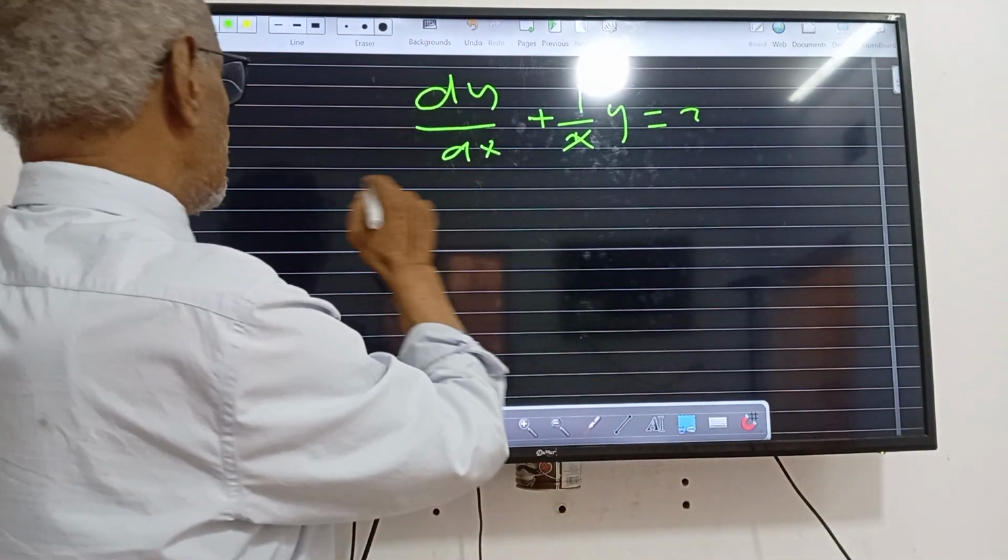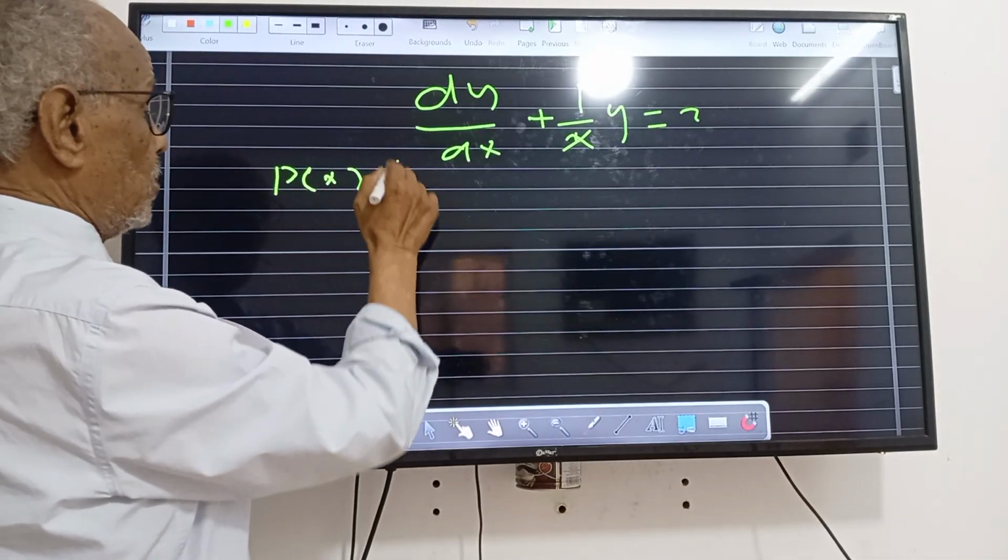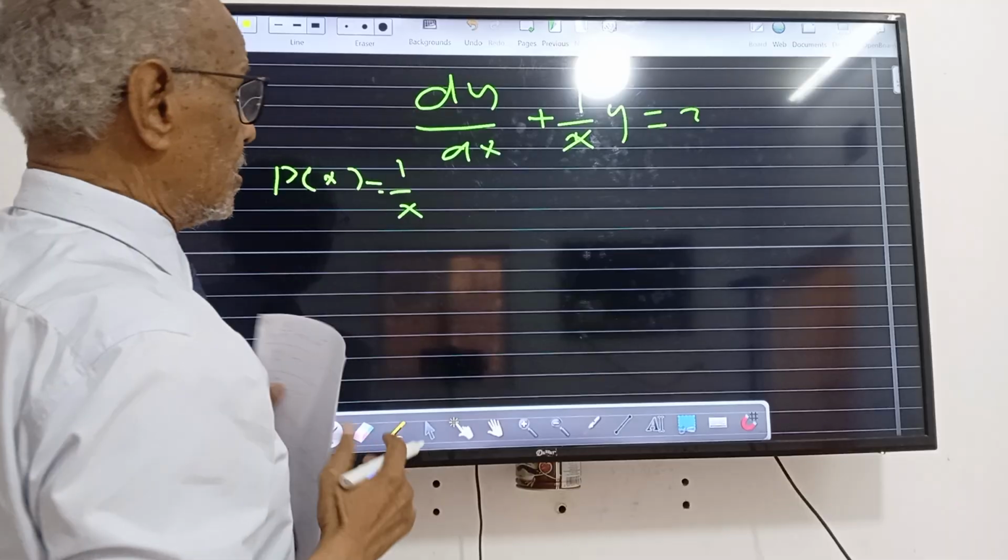So in this case, p of x equals 1 over x.